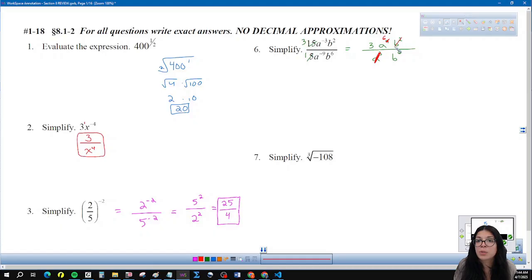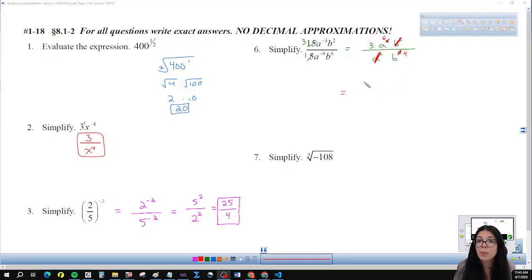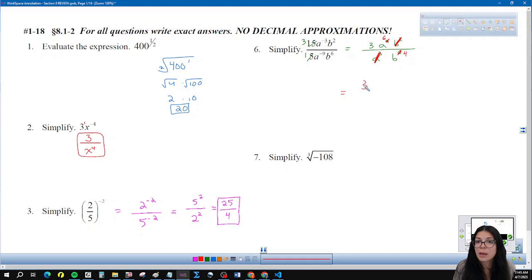B to the power of 2, so 2 copies in the numerator, cancel that out with 2 copies in the denominator, means there's 4 copies in the denominator. Another way that I could have done that is 2 minus 6, which would have given me b to the power negative 4, which is why b to the power of 4 ends up in the denominator, not the numerator. So in the numerator, I have 3a to the power of 6, and in the denominator, I have b to the power of 4.